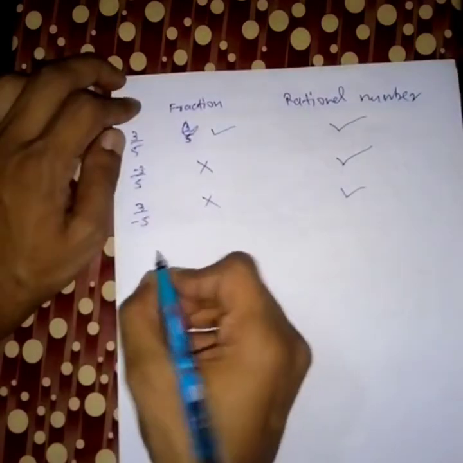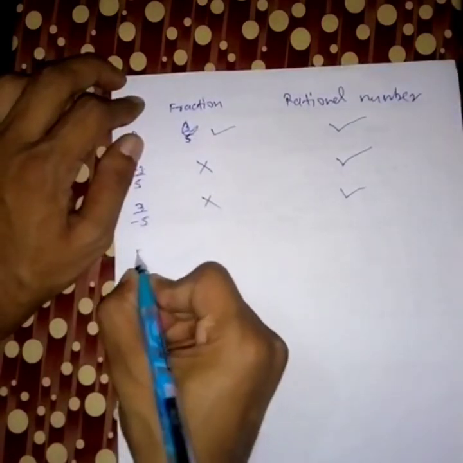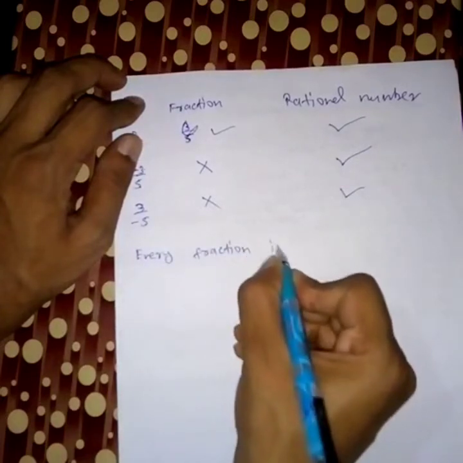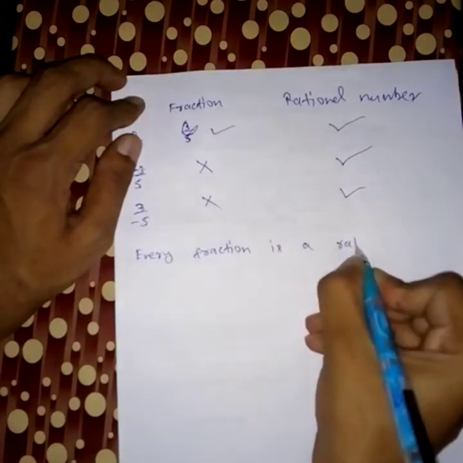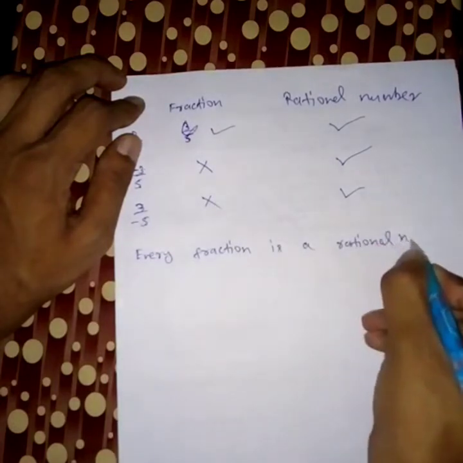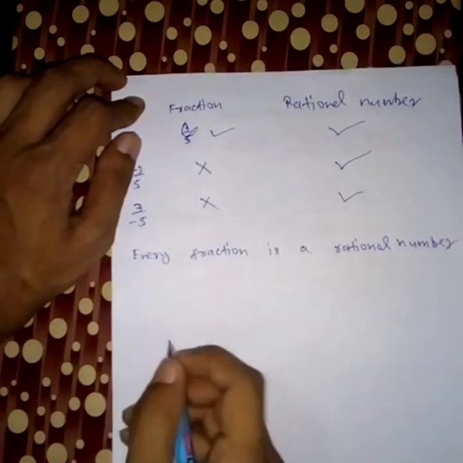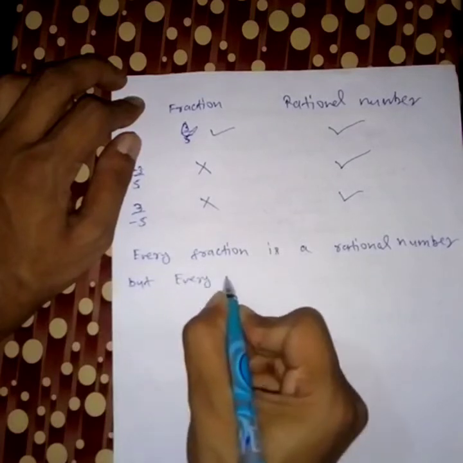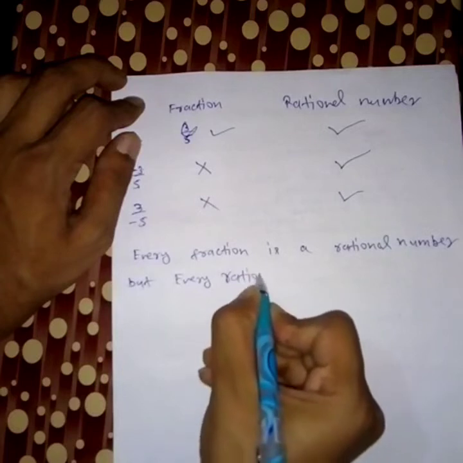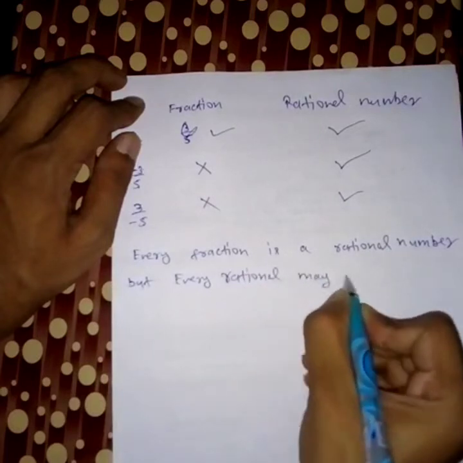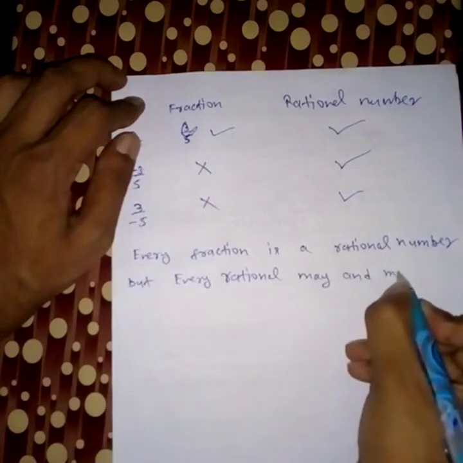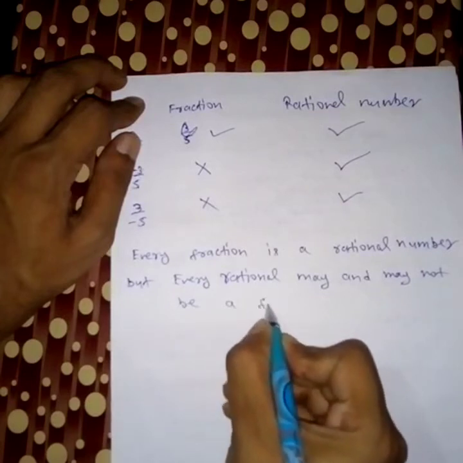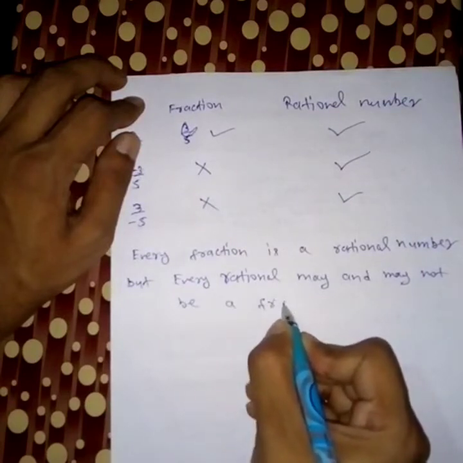So what we find is every fraction is a rational number, but every rational number may or may not be a fraction. Clear?